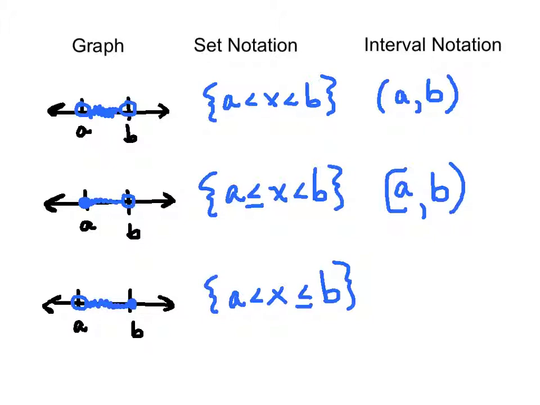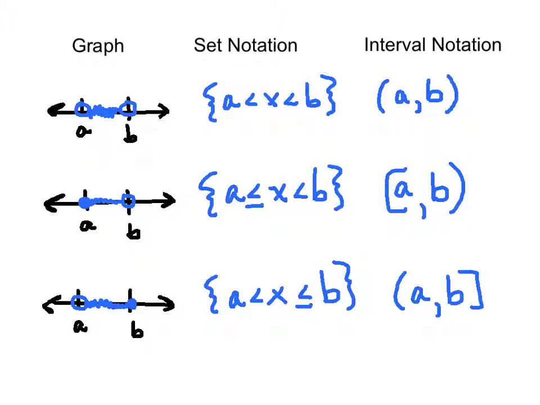In interval notation, open-ended interval at A, begin, run all the way on out to B, include B, and close. All of the numbers that are greater than A and less than or equal to B.